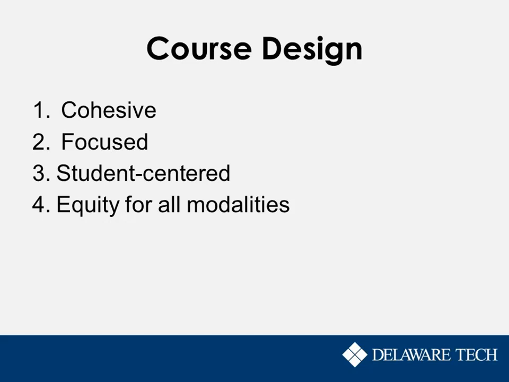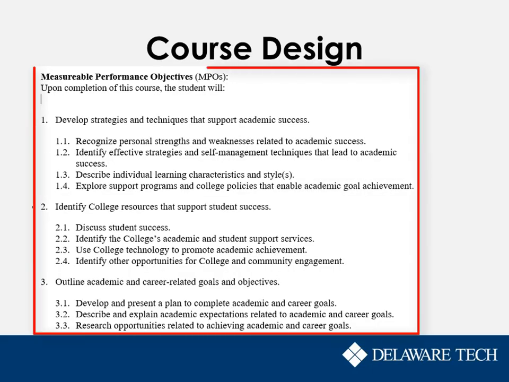So I just wanted to touch on the process that we used to take a look at this course. I think it's important that you understand where we spent our time and how we landed where we did in the course. The first thing that we wanted to use as a key design principle was to make the course cohesive. So you're probably already thinking off the bat, well, that's a challenge, right? Because if you look at the SLOs in this course, they're quite diverse.